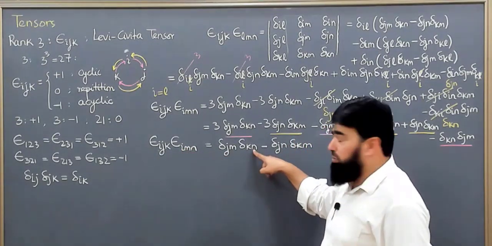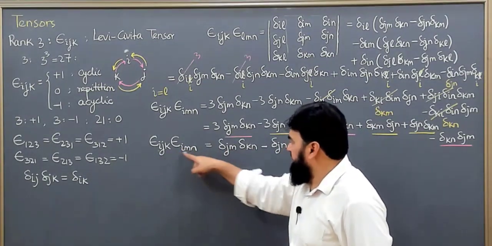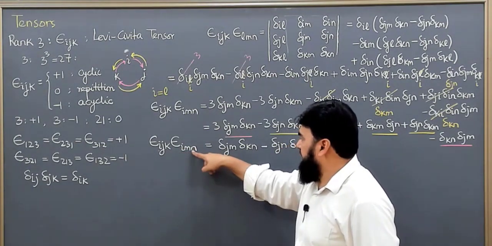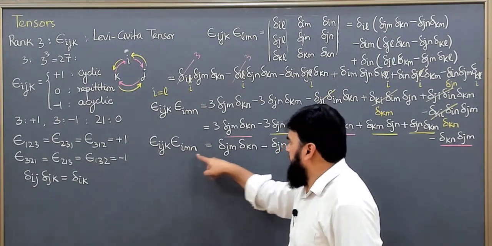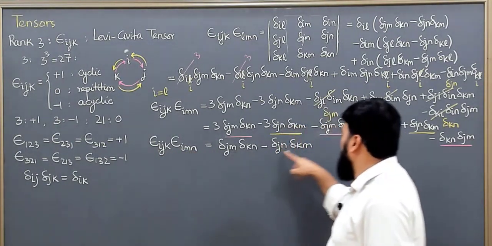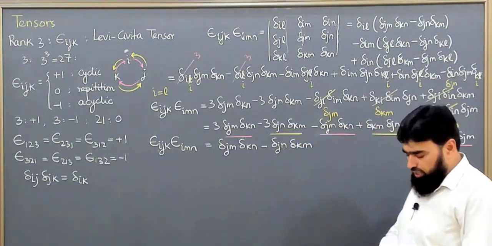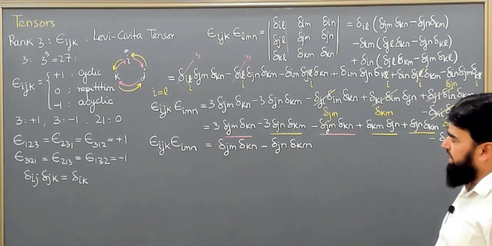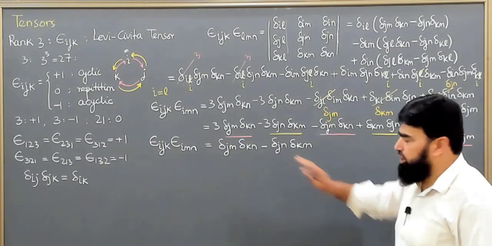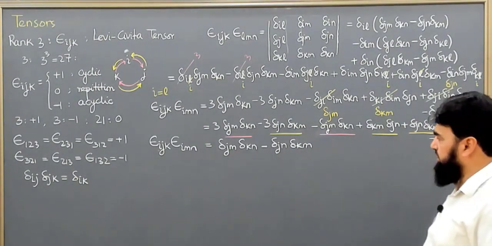This is the way to remember it: j with m, then k with n, minus the reverse, j with n and k with m. And this is one of the identities that we have proved, that if two indices are the same, then we will have the relation equal to this.